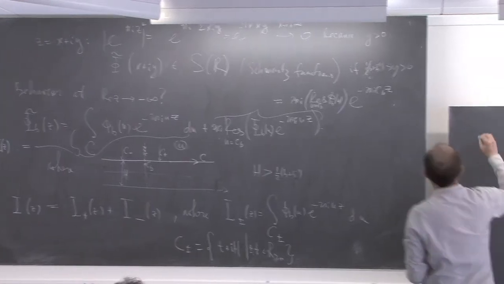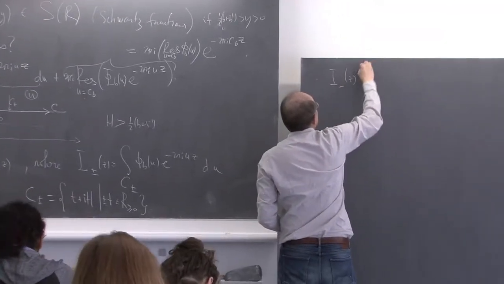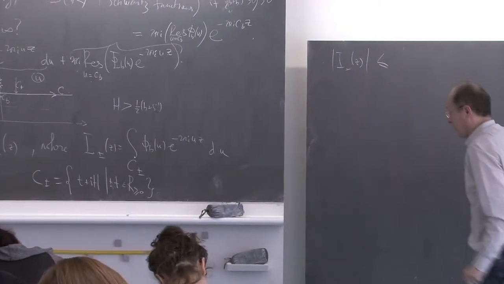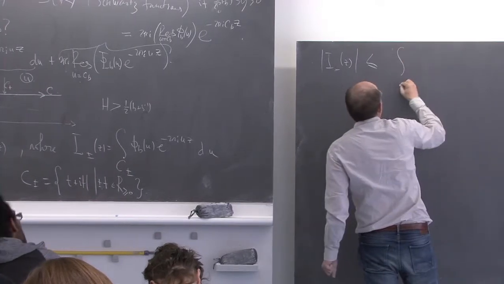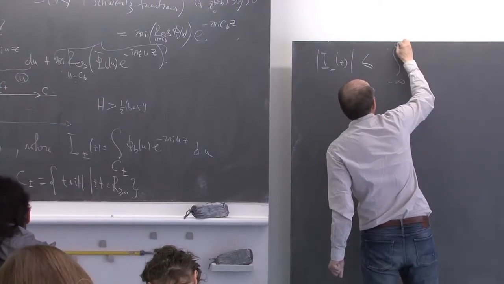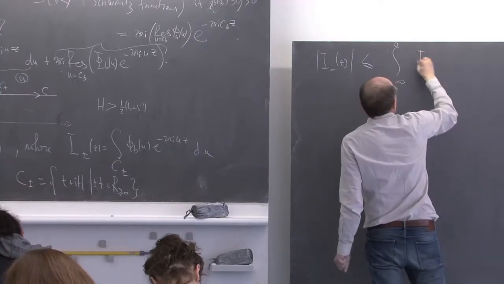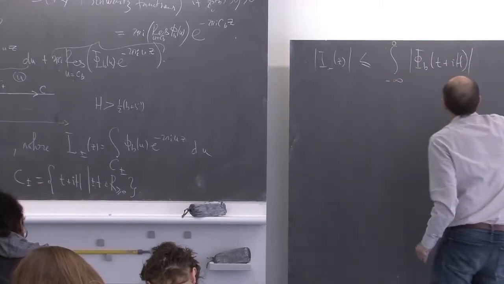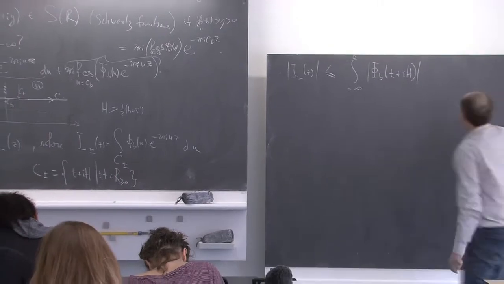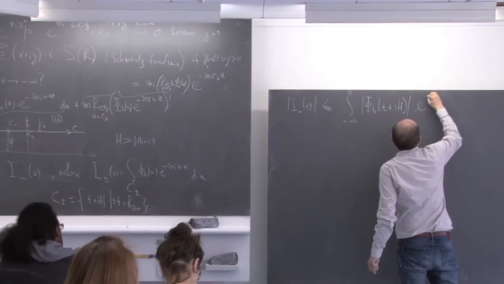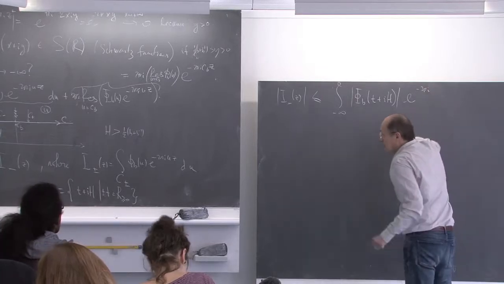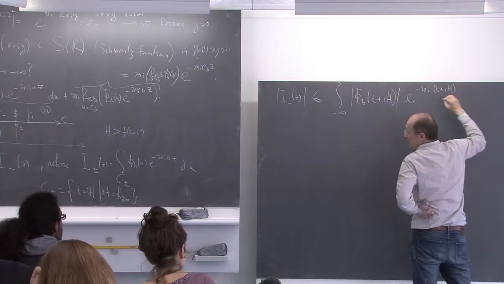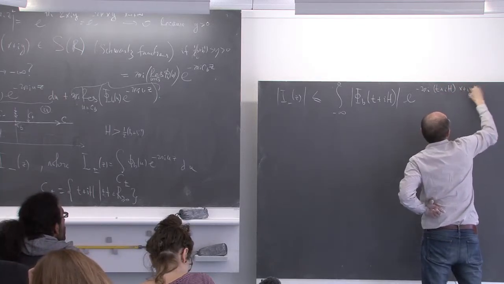Now let us start from I minus of z, absolute value. By the integral triangle inequality, we have the integral from minus infinity to 0 of the absolute value of phi_b of t plus ih, times the absolute value of e to the minus 2 pi i (t plus ih) times (x plus iy), dt.